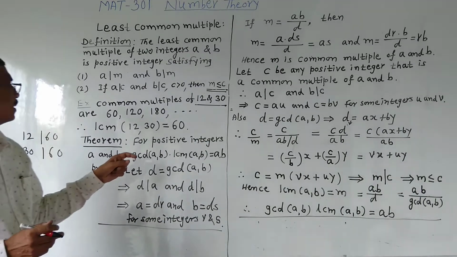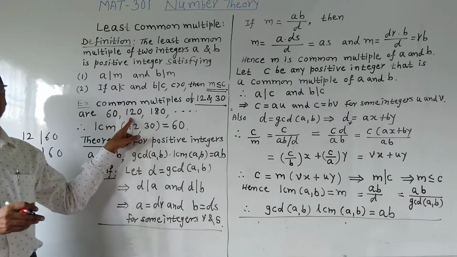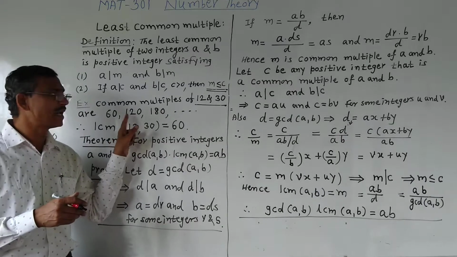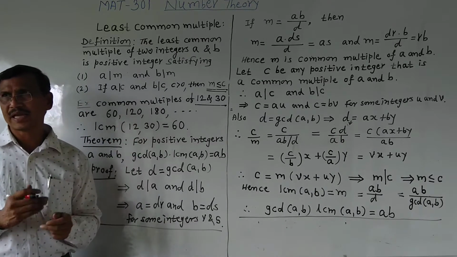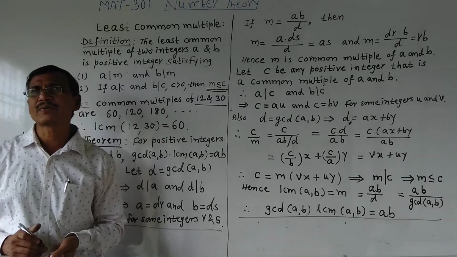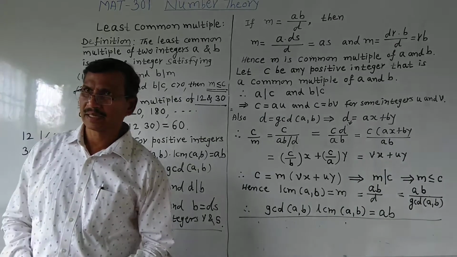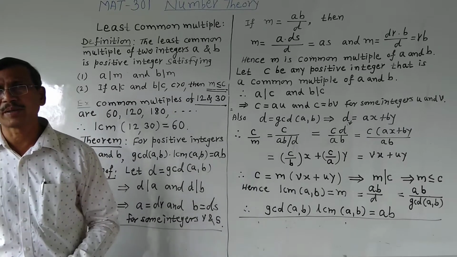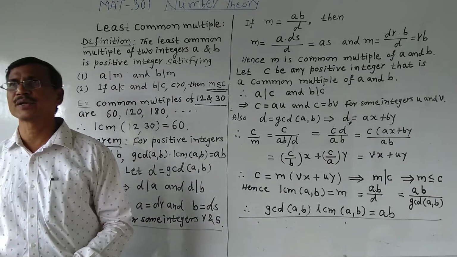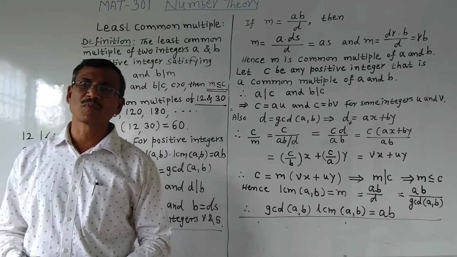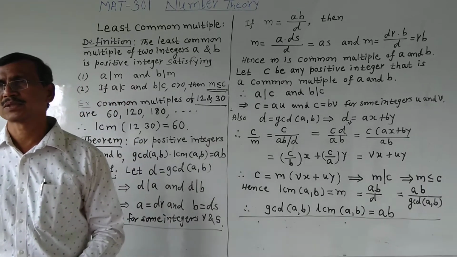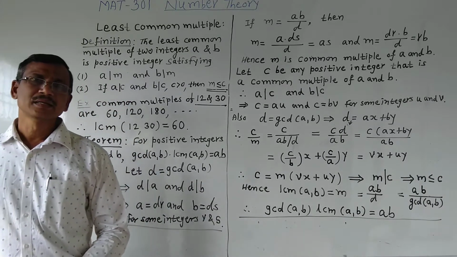Similarly, we can observe that both 12 and 30 divide 120. That means 120 is also a common multiple of 12 and 30. 180 is also a common multiple of 12 and 30, and continuing like this, there are an infinite number of common multiples of 12 and 30.